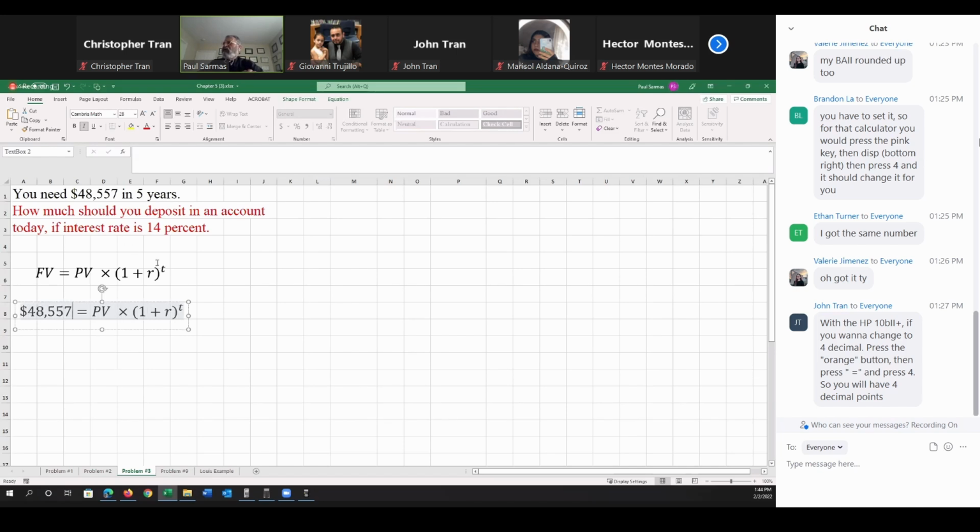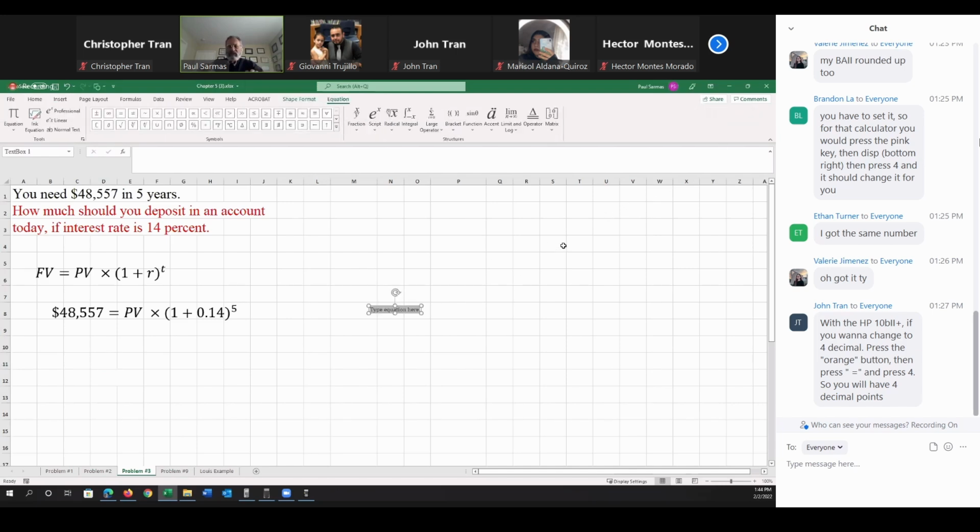That's the number that goes into your formula. Since you have the financial calculator, you really don't need the formula, but I still like to do it so you have an understanding of what's going on. Interest rate is 14%, and the period is 5 years. So T is 5, R is 14. If you want to solve this, this is what you would do.